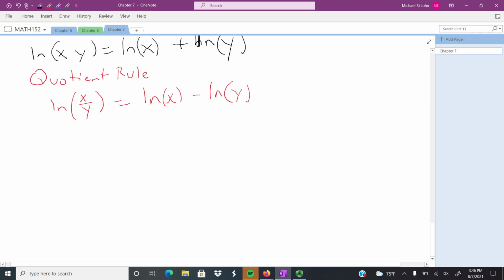And then you had the power rule, which was the natural log of x raised to the p was p times the natural log of x.